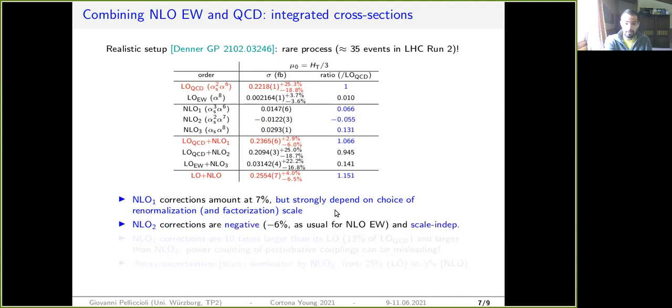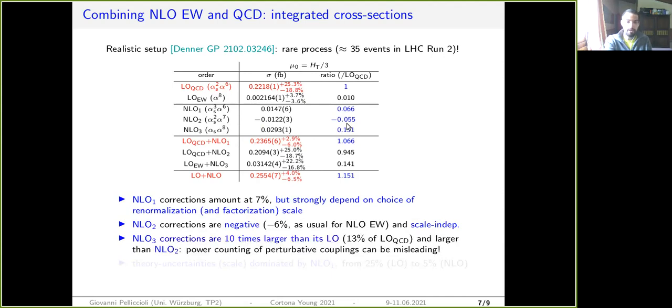NLO 2 corrections are negative, of order -5 to -6% as expected, and rather scale independent. NLO 3 corrections are much larger than the corresponding leading order and larger than NLO 2, even though by power counting of perturbative couplings, one would expect the other way around. Theory uncertainty reduction from leading order to next to leading order is dominated by the NLO 1 behavior.